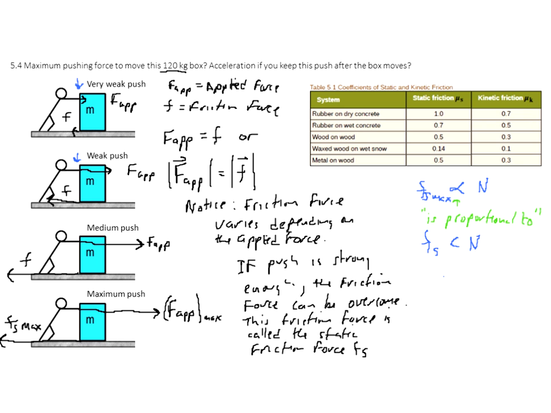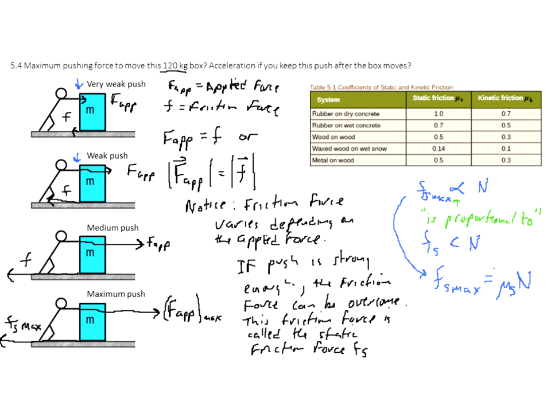If we combine these two things together and we change this into an equality, Fs max sometimes is less than, so Fs max is not equal to the normal force, it's equal to some constant times the normal force.